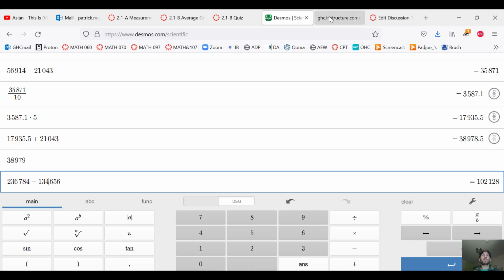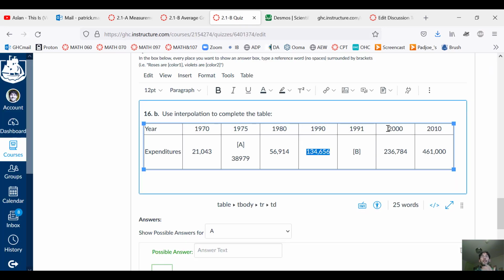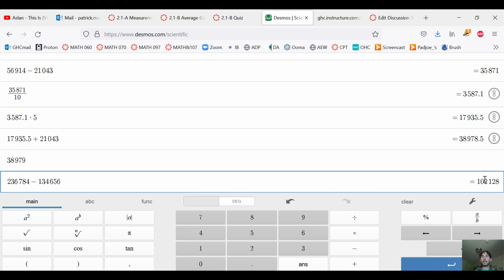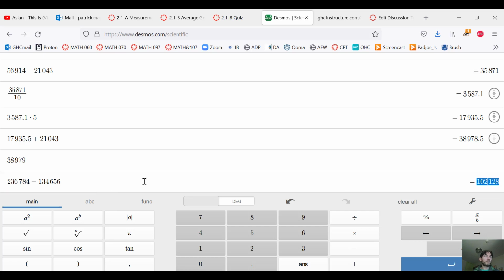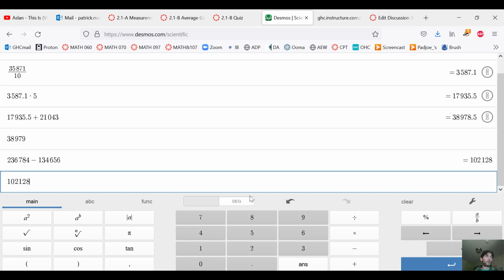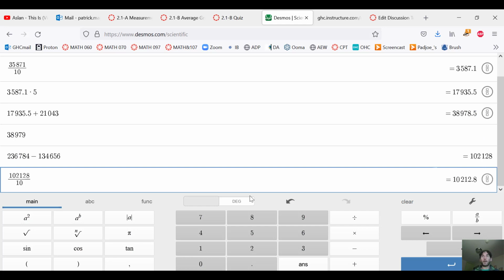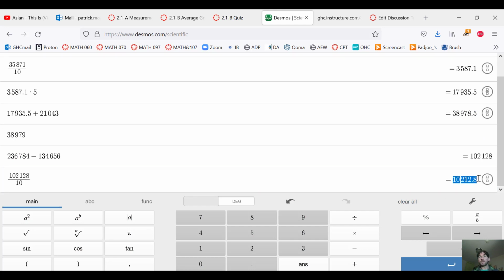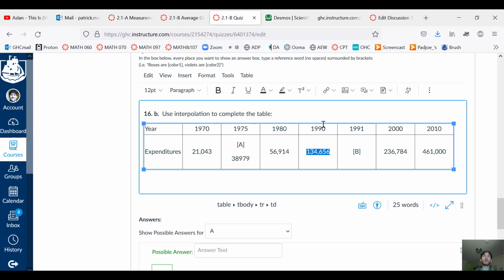That's the total increase over the 10-year period from 1990 to the year 2000. We divide that by 10 to get the average increase per year, and we have about 10,000. That's the average increase per year between 1990 and 2000.